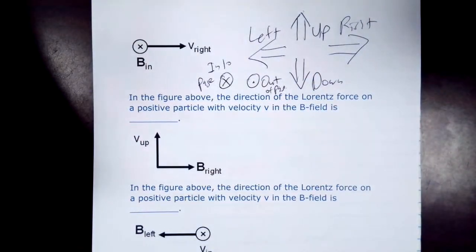All right, so now we want to do some right-hand rule questions. In this case, we've got a Lorentz force, and we want to know about a positively charged particle that's moving to the right, and the magnetic field is pointing into the page.